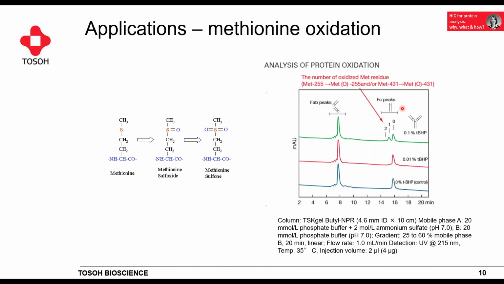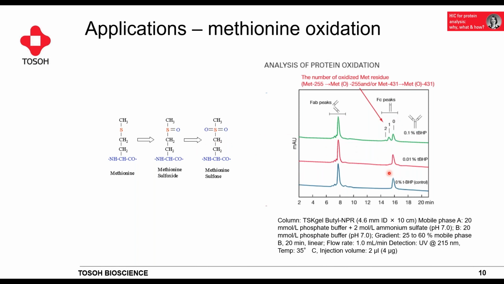What we will see here in the Fc peak, actually the Fc part is the part where we have the methionine, is that we do get induction of the oxidized forms of methionine.